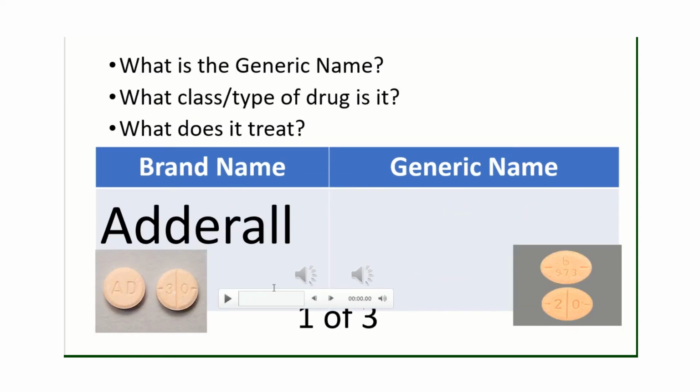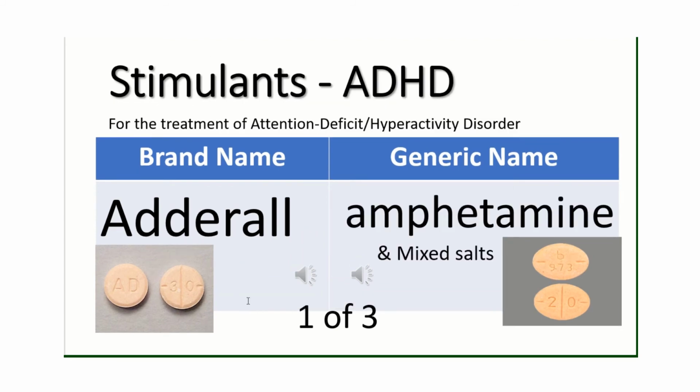What is the generic name for Adderall? What type of drug is Adderall, and what does Adderall treat? The generic name for Adderall is amphetamine mixed salts.